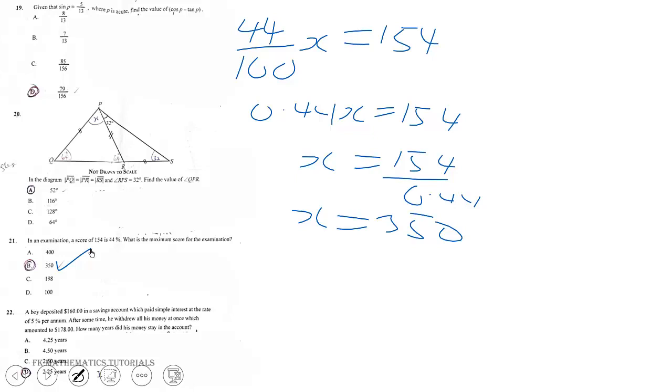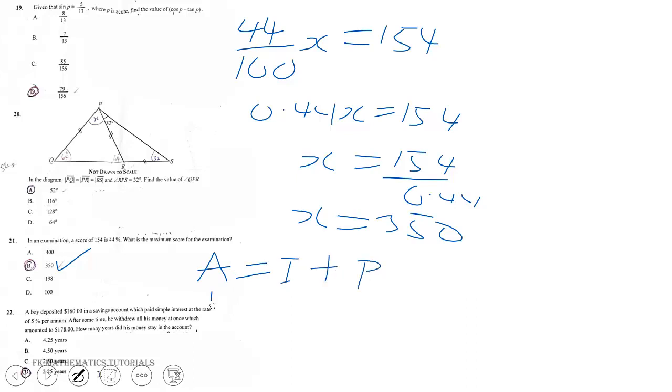A boy deposited $160 in a savings account, which paid simple interest at the rate of 5% per annum. After some time, he withdrew all his money at once, which amounted to $178. How many years did his money stay in the account? So we know the amount will be equal to simple interest plus the principal.